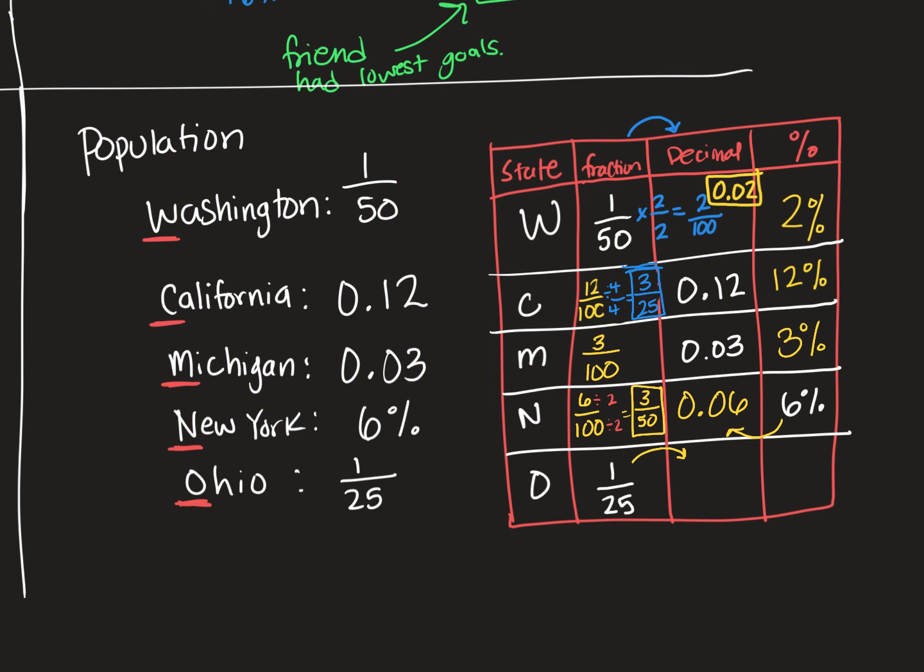Or you can multiply 1/25 by a number to get 100 as the base. 25 times what is 100? 25 times 4, thank you, is 100. 1 times 4 is 4. The decimal equivalent is 4 hundredths, and the percentage equivalent is 4%.